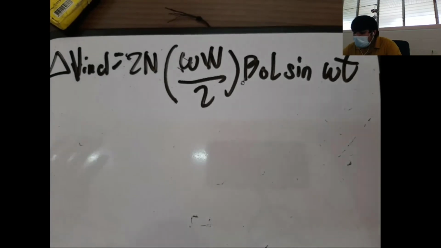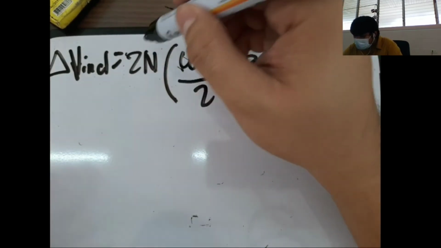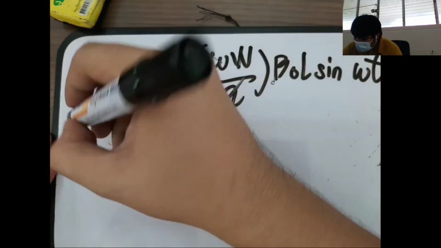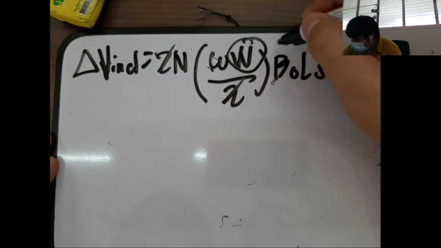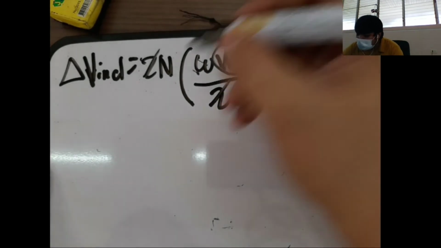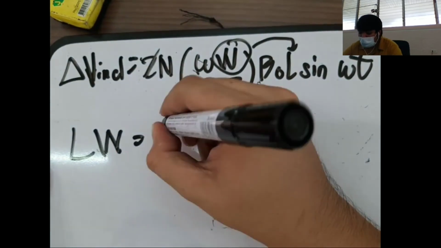And since there's 2 in the numerator and 2 in the denominator, they cancel each other out. And another thing, since this one is multiplied to the length of the coil, we know that length times width is equal to the area of the coil.